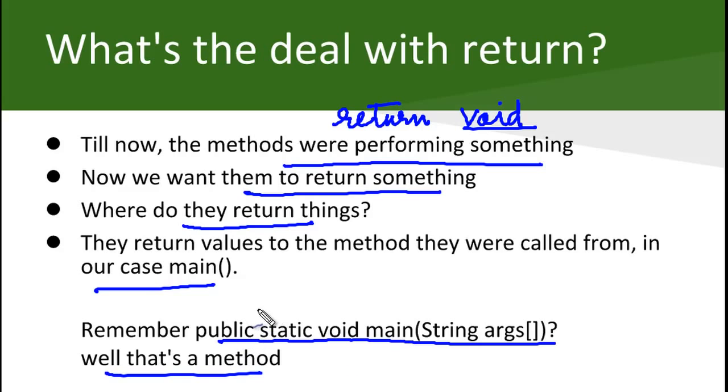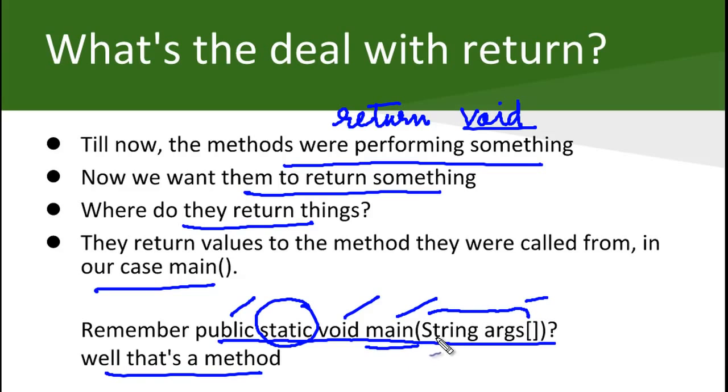Now what we discussed previously is how a method is declared. This public here is the access modifier. Don't worry about the static part, we'll discuss that later. Void here is the return type, main here is the name of the method, and these are the parameters or arguments of the method.